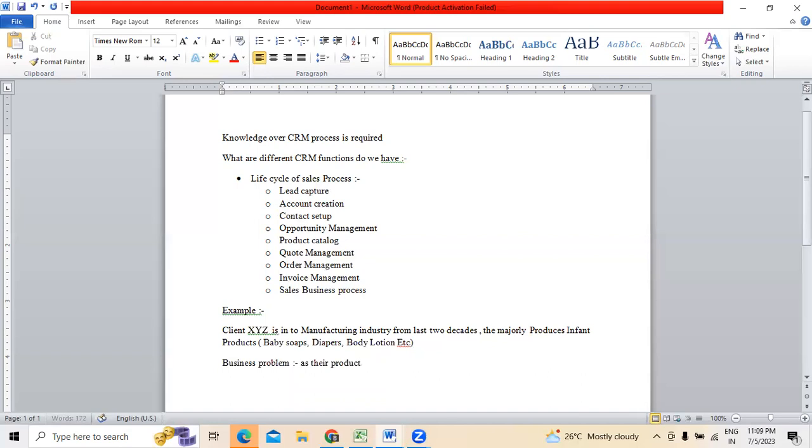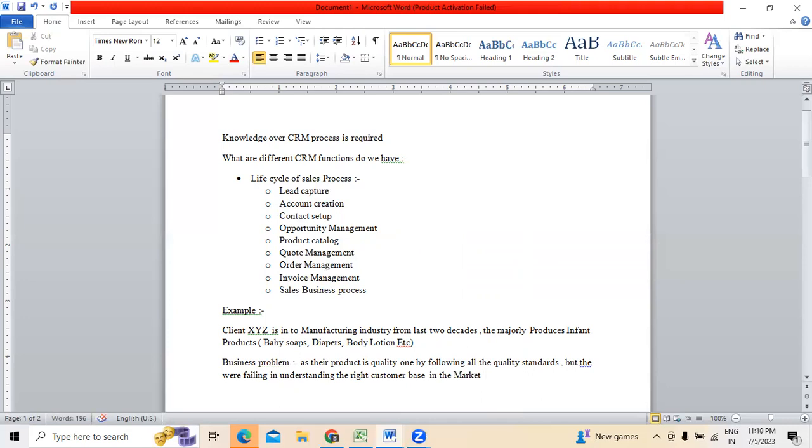Their product is of quality, following all the quality standards, but they are failing in understanding the right customer base in the market.